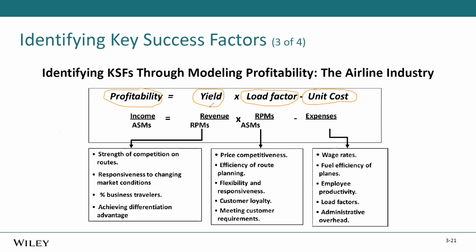These are the formulas for yield, load factor, and unit costs. Each of these benchmarks is driven by key success factors, which play into each aspect of performance within the airline industry.